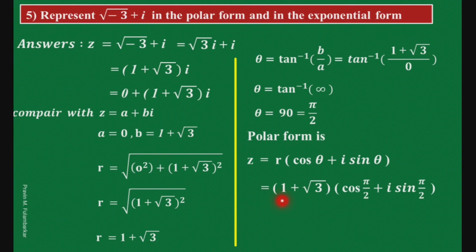So we get z = (1 + √3)(cos π/2 + i sin π/2). Now the exponential form is z = re^(iθ) = (1 + √3)e^(iπ/2), where θ is π/2. So in this way we calculate both polar form and exponential form.